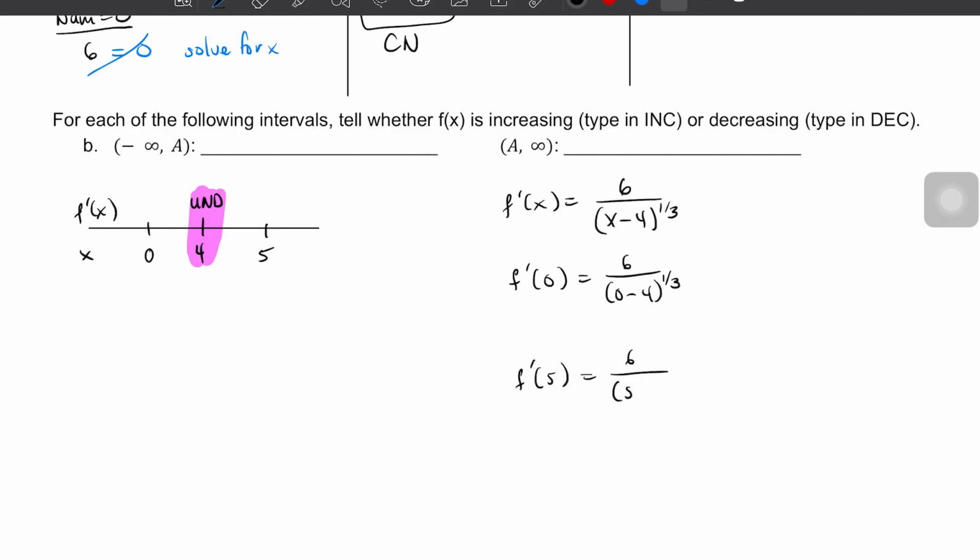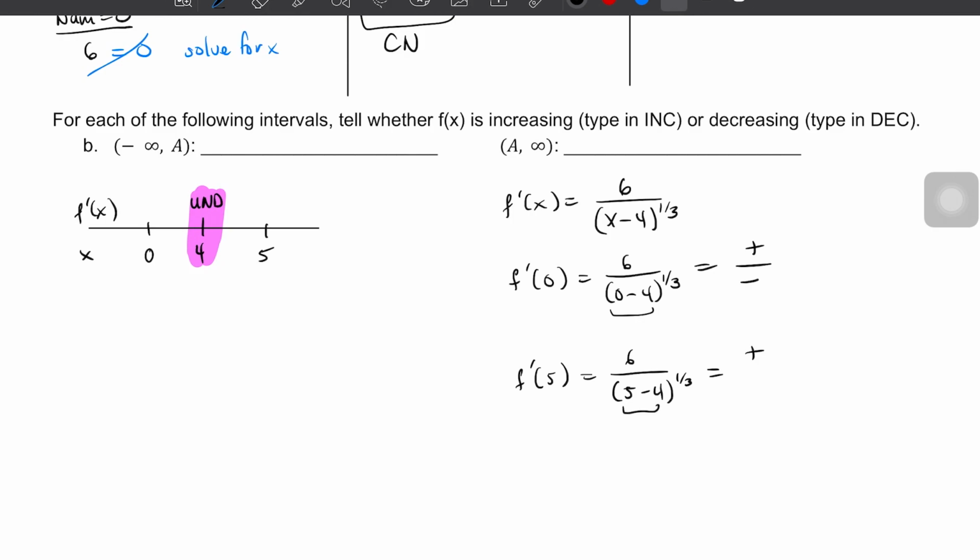And again, we're only looking for whether this is positive or negative. All right, so 6, we know it's positive, right? 0 minus 4 is negative, raised to the 1/3 is going to be negative, right? The next one is positive. 6 is positive.